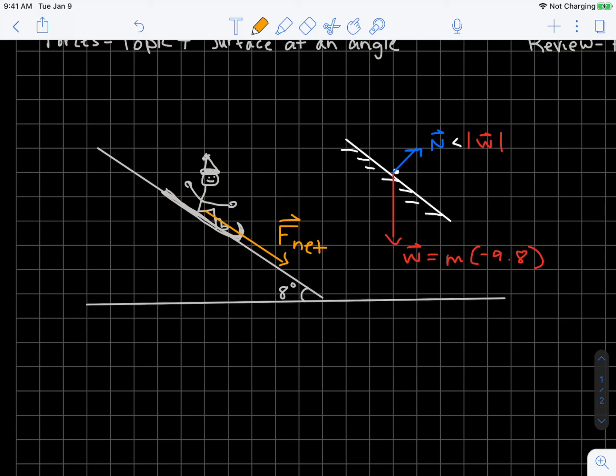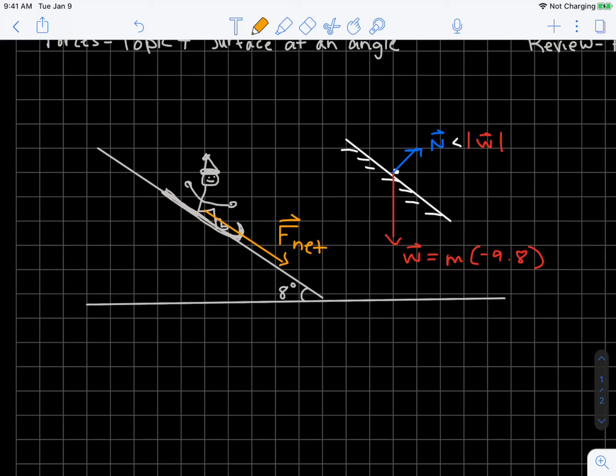All right, remember, the reason that the sled slides down is because of weight. The reason it doesn't go through the floor or the surface is because normal force is strong enough to keep it above the surface. Okay, so let's just see how we rearrange vectors, or how we change vectors to manipulate them to figure out F net.